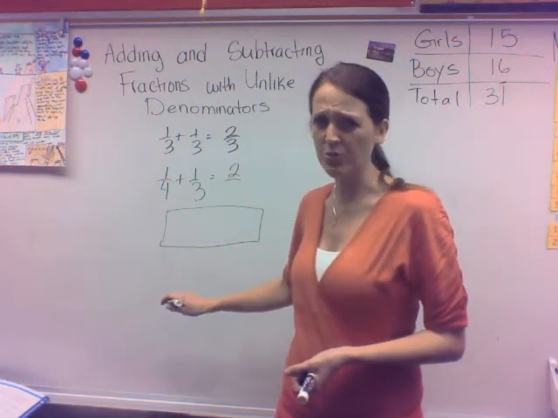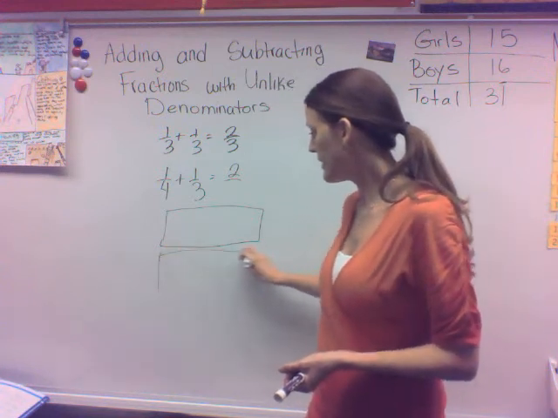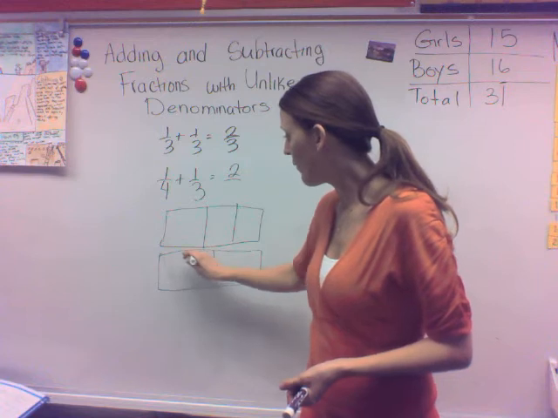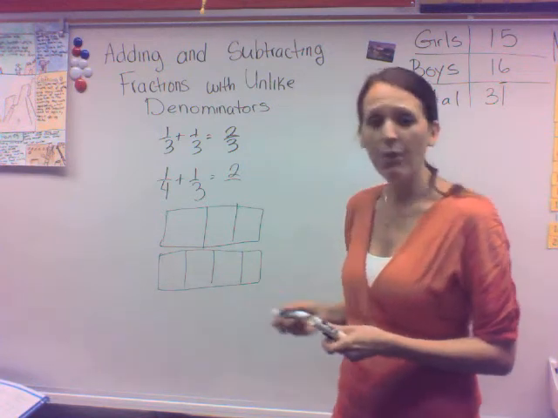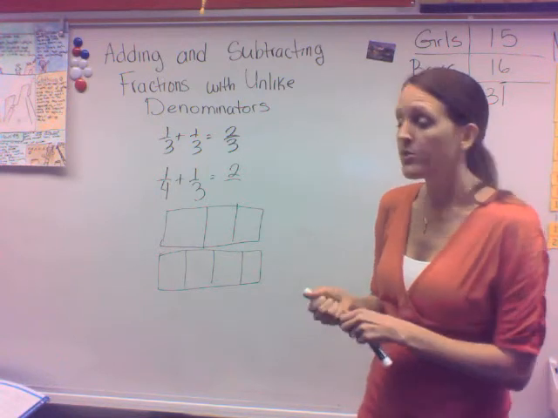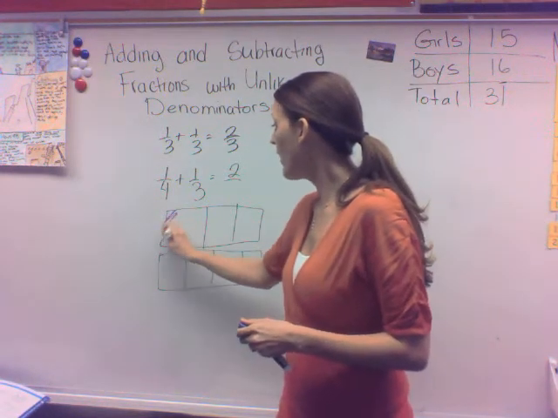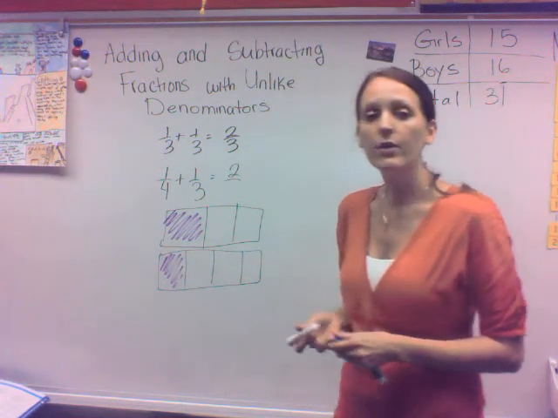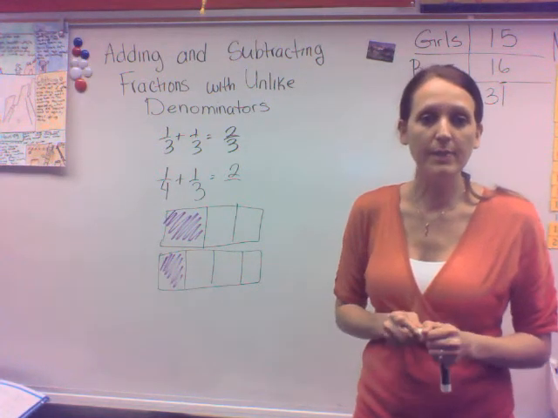You won't be expected to draw this picture ever, but I do want to spend a little bit of time explaining and showing exactly why it is that we have to spend all this time making sure our denominators are the same. So if I have 1/3 plus 1/4, you can see I have two different sized pieces.